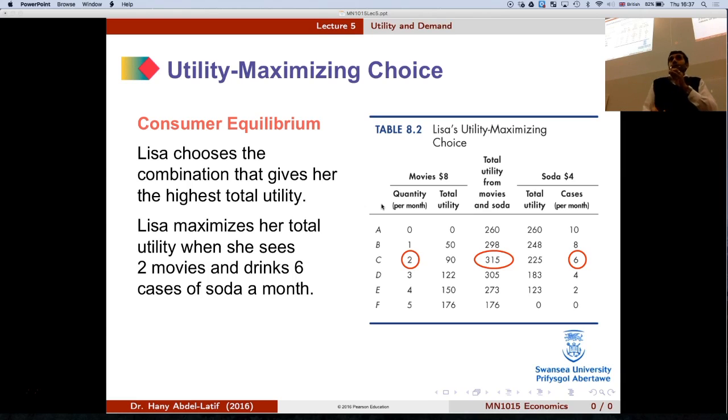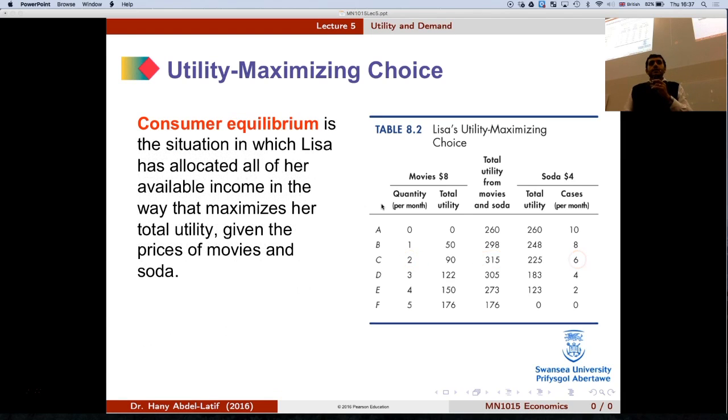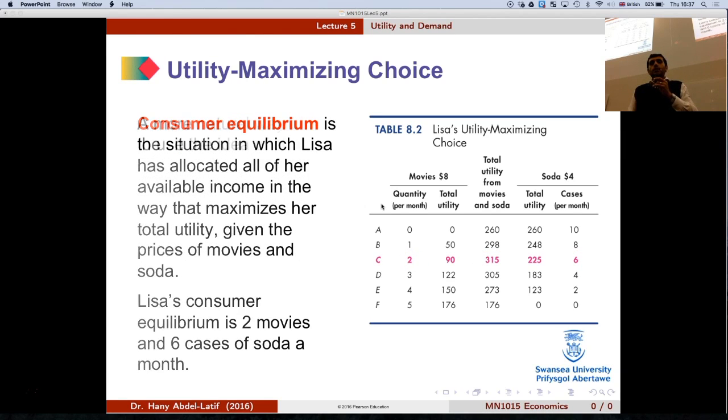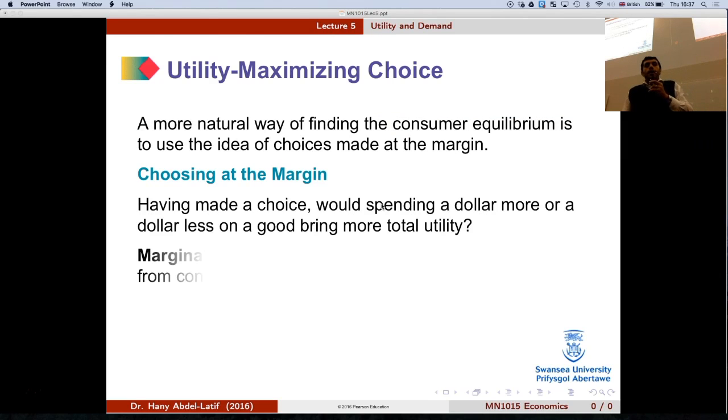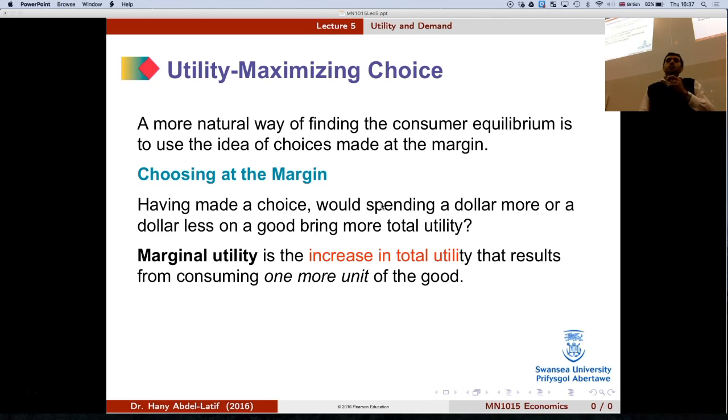We could actually reach the same conclusion by looking at the marginal utility. If you remember, we already defined the marginal utility. That's the increase in total utility that results from consuming one more good.